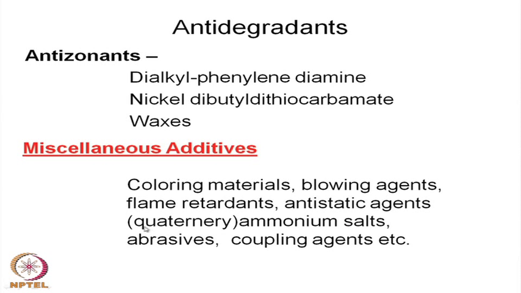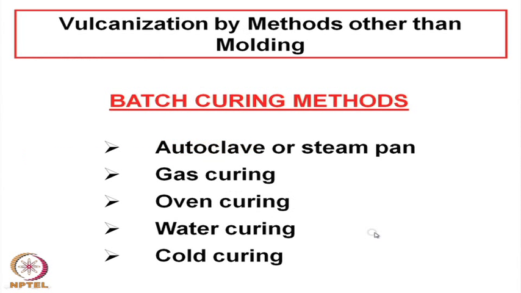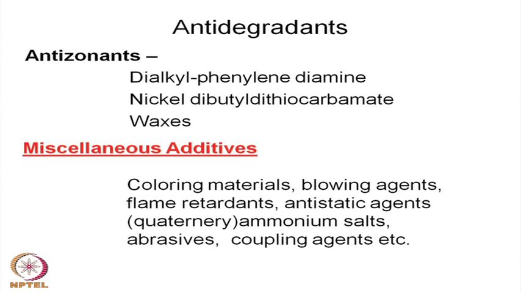Then abrasives, for grinding wheels etc., grinding surfaces, for abrading rubber products. There are some hard materials, say carborundum powder etc., which are used as abrasive additives. Then coupling agents, sometimes used when silica fillers or inorganic fillers are used.